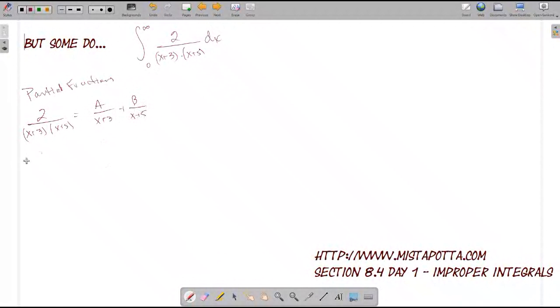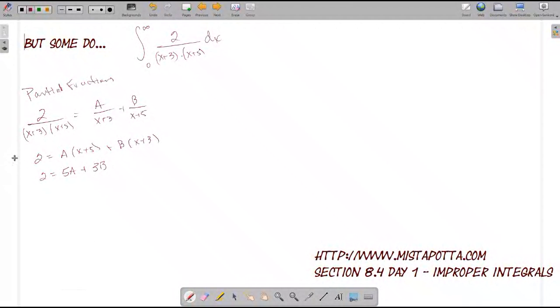And when I cross multiply, I end up with 2 equal to A times x plus 5 plus B times x plus 3. And so when I do 5 times A and 3 times B, my constant is equal to a constant plus a constant.